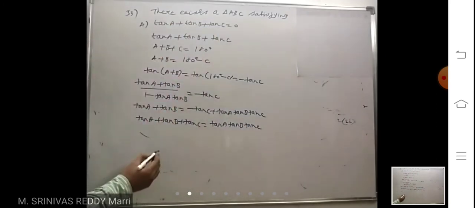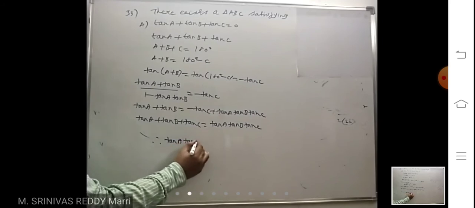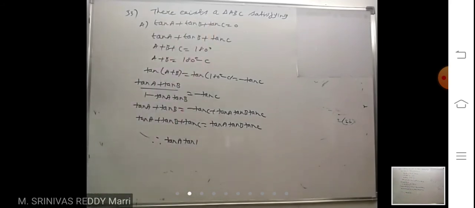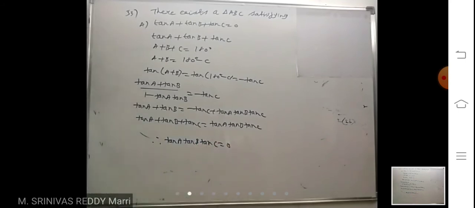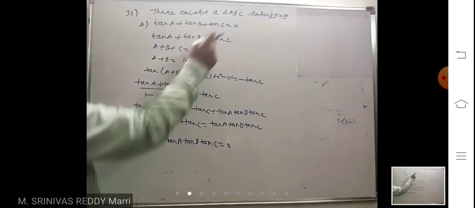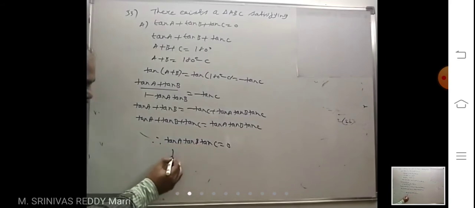Now given that the sum is 0, this product tan A tan B tan C must also be 0.